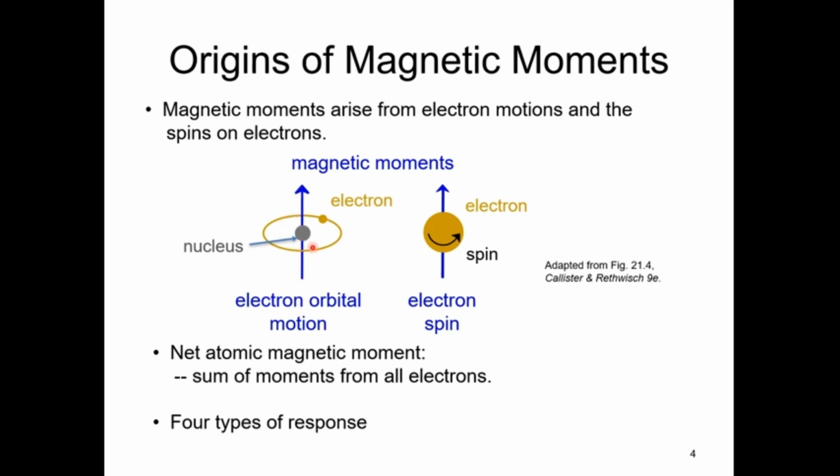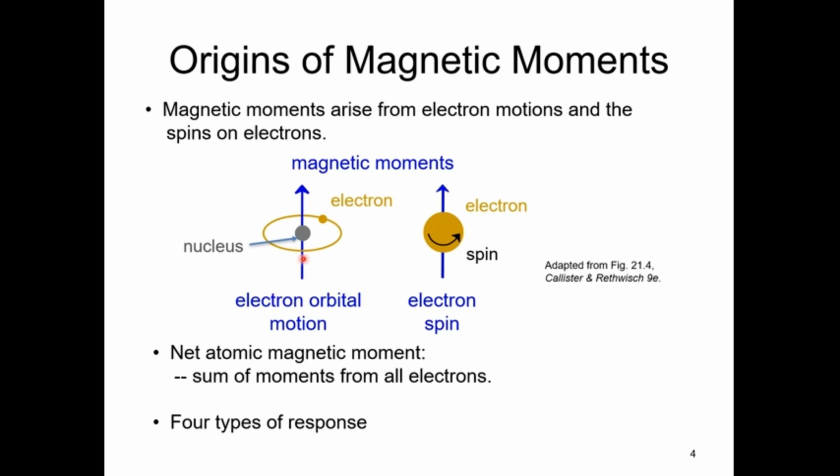So we can visualize, we have the nucleus, we have the electron moving around the nucleus, and this motion produces the magnetic moment along its rotation, as you can see from this image.